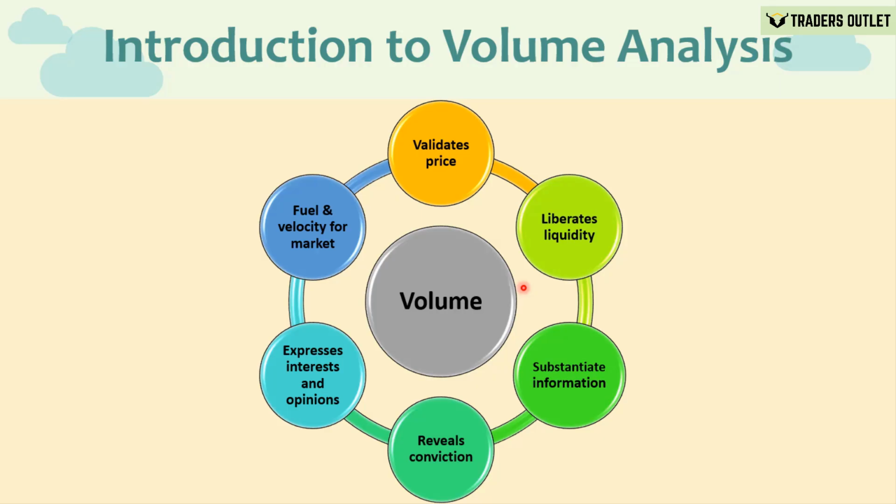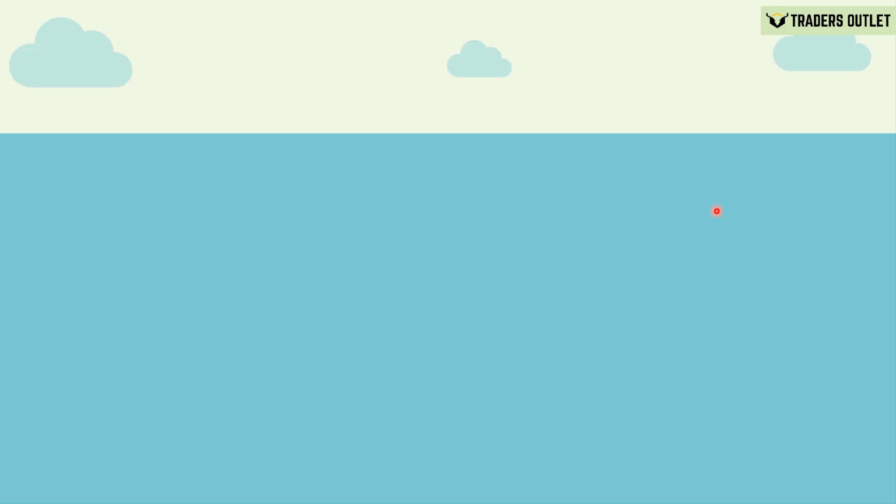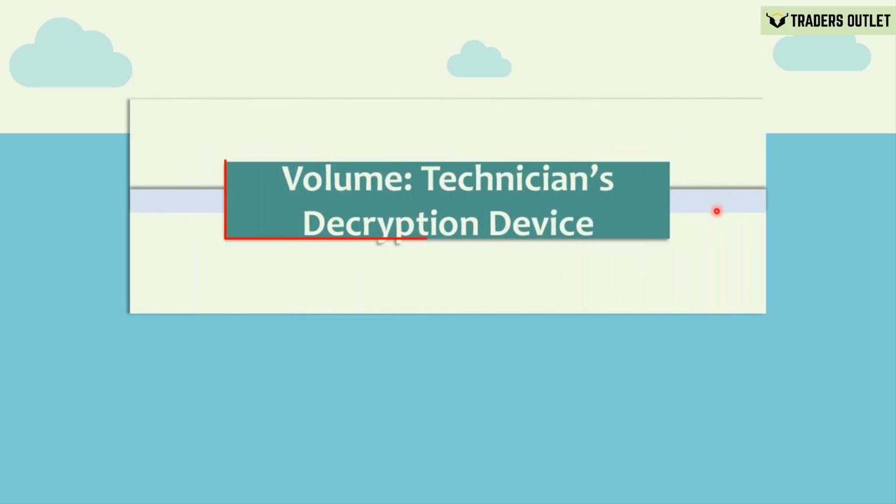So this is something we should consider about volumes. Now, having understood the important concepts and terminologies about volume, we'll move ahead with our analysis and talk about different aspects of volume and volume analysis. The next chapter that we'll look at is volume as a technician's decryption device.